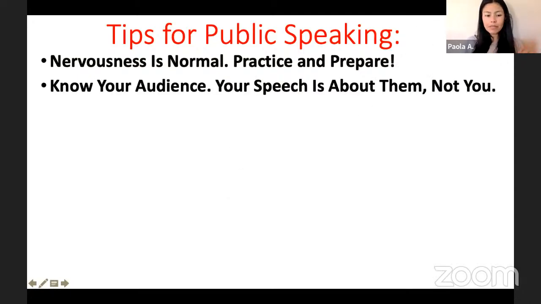Now, for example, imagine you are giving maybe, I don't know, a toast, or maybe you just have to talk in front of your family members or your friends. No? So for example, you have to congratulate your sister because she just graduated, right? It's an exciting moment, but you have to talk in front of these people. So it's not the same talking with kids as talking with your sister and your family, right? So you have to know who you're talking to and try to choose your words.